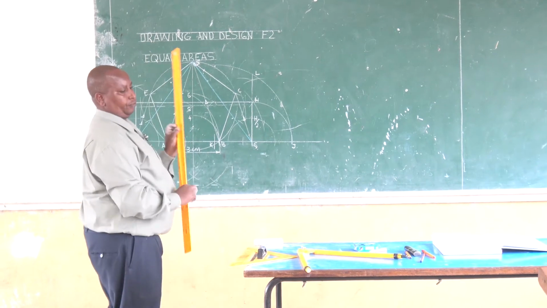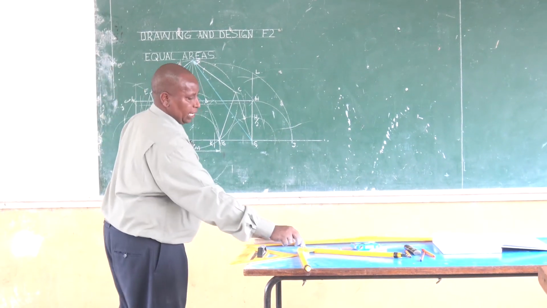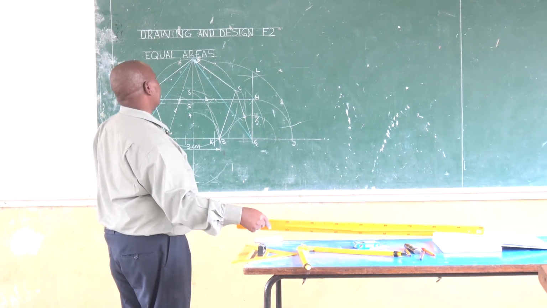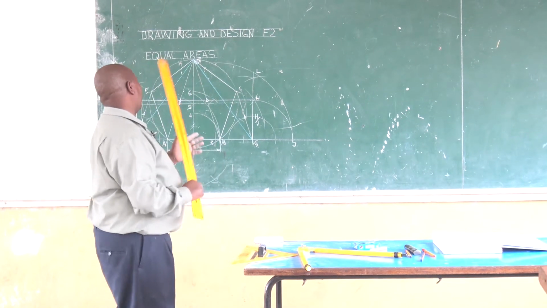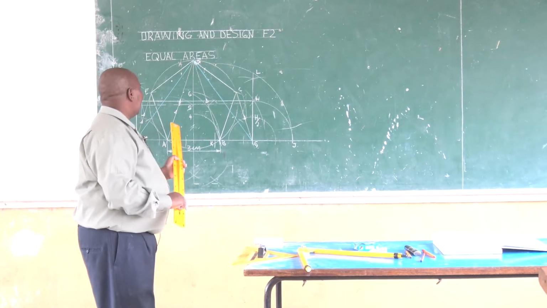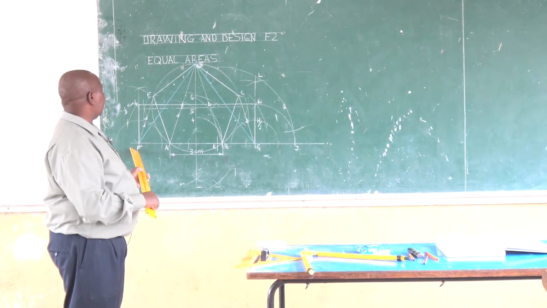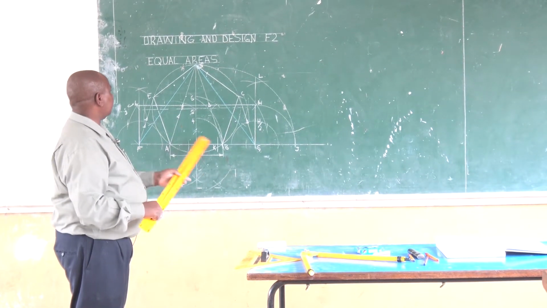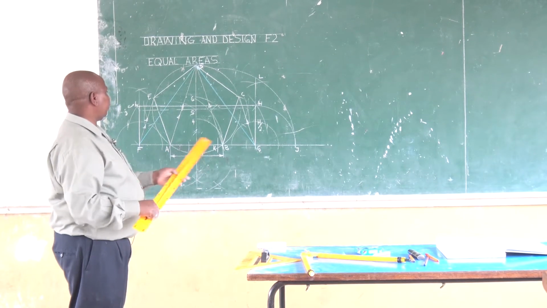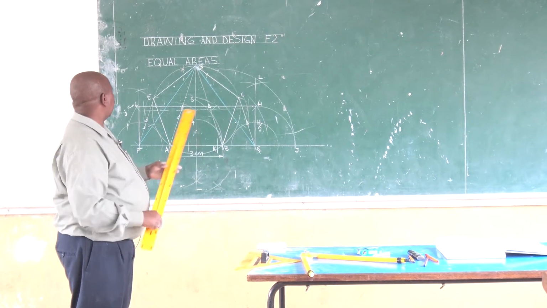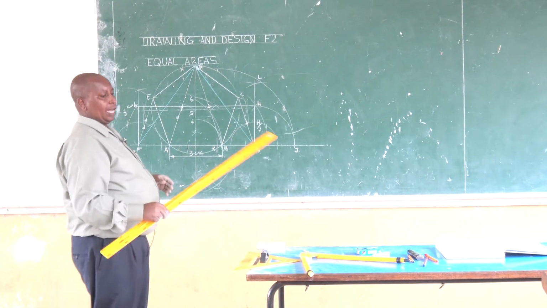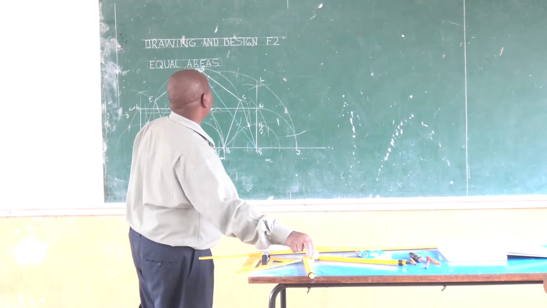Now, if our task, like we said earlier, is to draw a square equal in area to the rectangle, which is described by vertices FG, GH, HI, and IF. Those are the vertices. We are drawing a square equal in area to that.